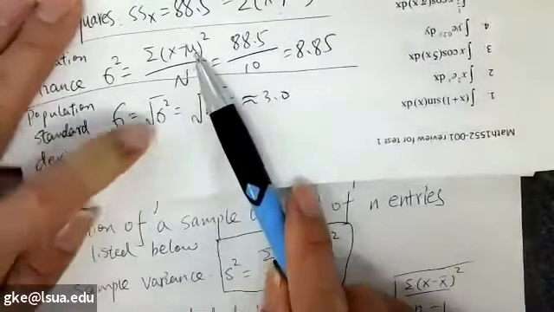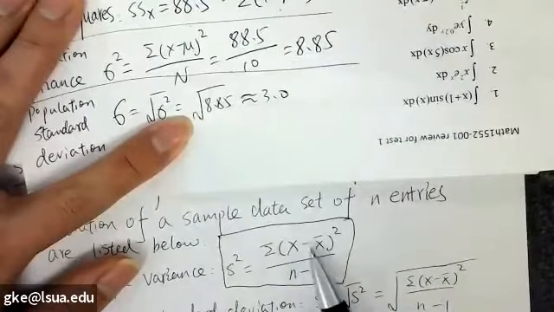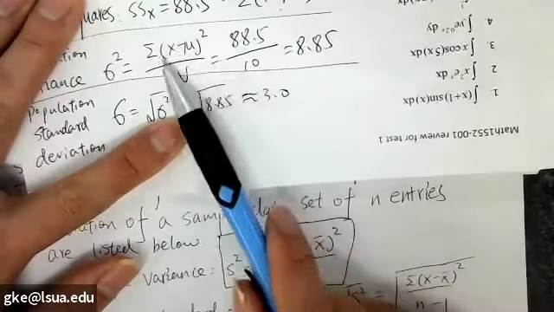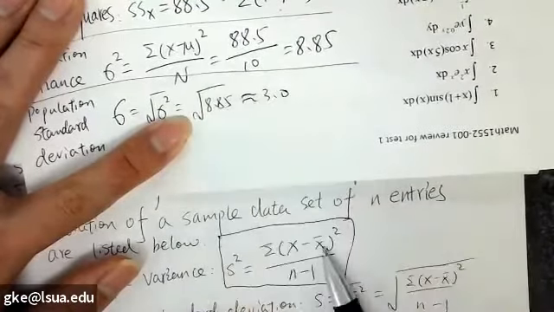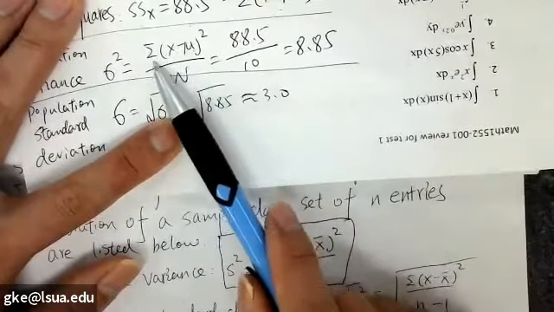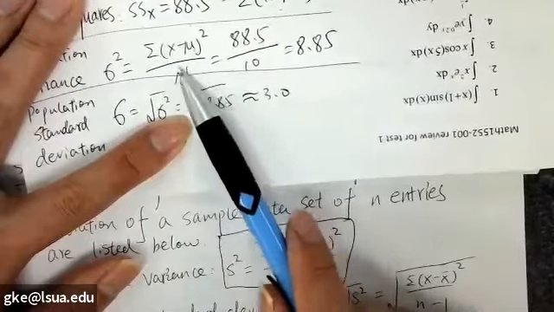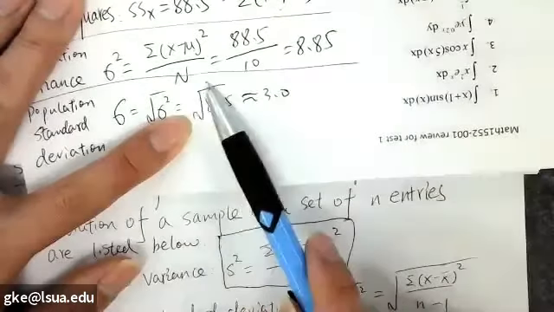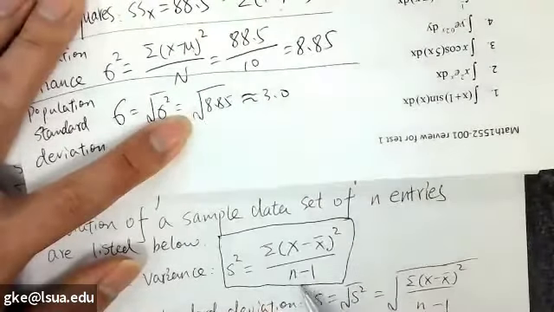For the numerator, very similar. We do the square, we do the square, we do the square, and then we do the summation. The only difference is here: here divided by capital N, and here divided by little n minus 1.